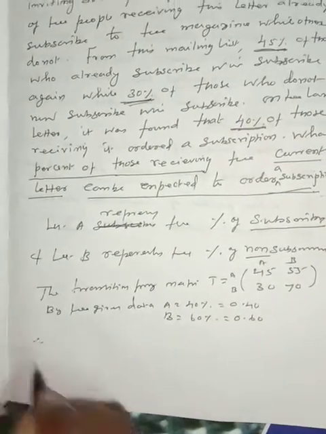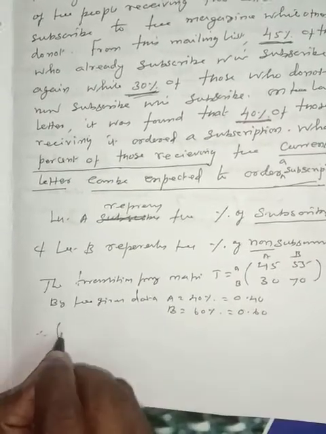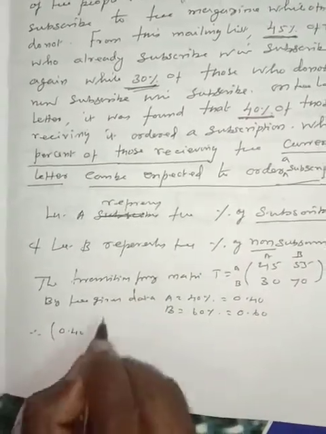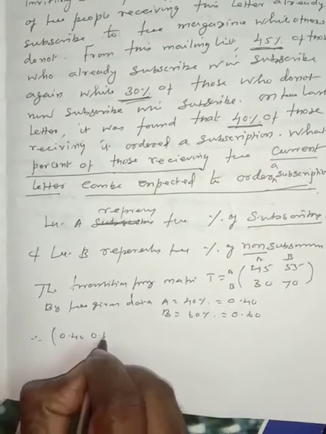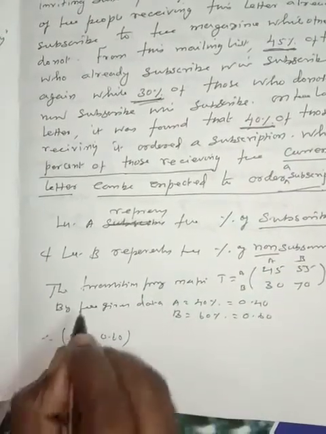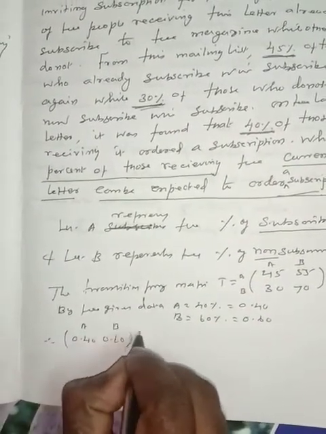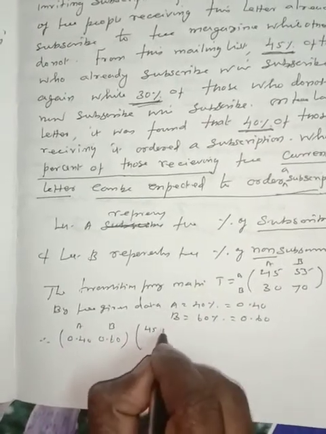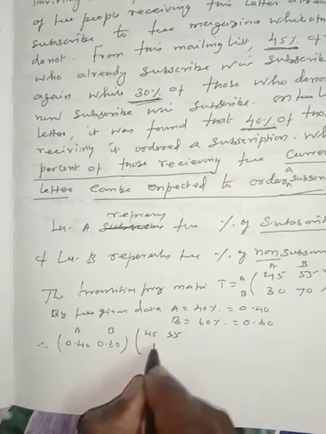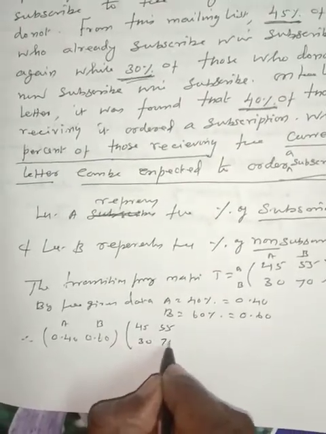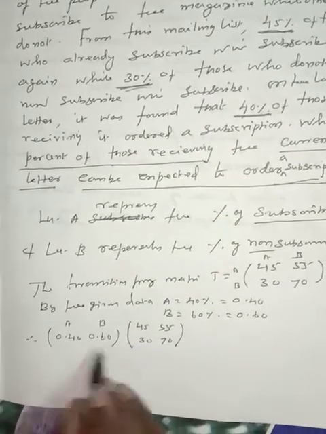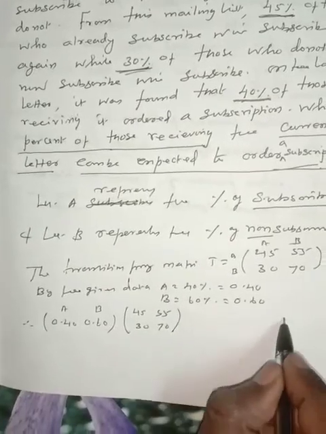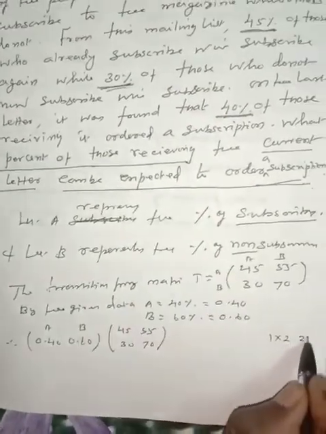Now we multiply 0.40 and 0.60 with the transition matrix 45, 55, 30, 70. This is a 1 cross 2 matrix, and this is a 2 cross 2 matrix.